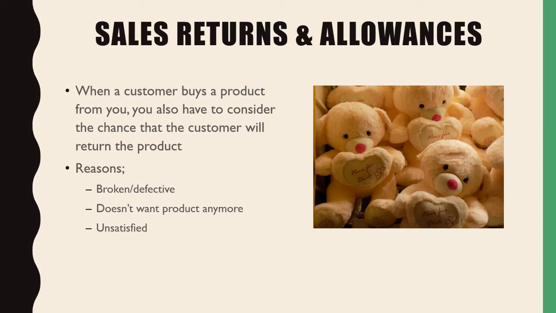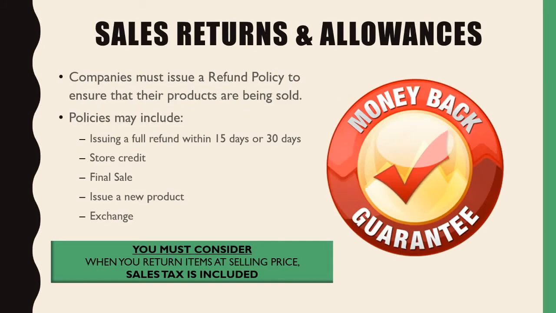Okay. Now, of course, with that being said, you must set some kind of company policy that prevents your customer from having unlimited returns on your products. Because at the end of the day, your goal is to sell a product and keep it sold.